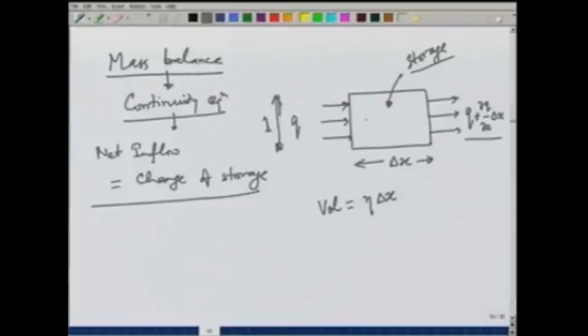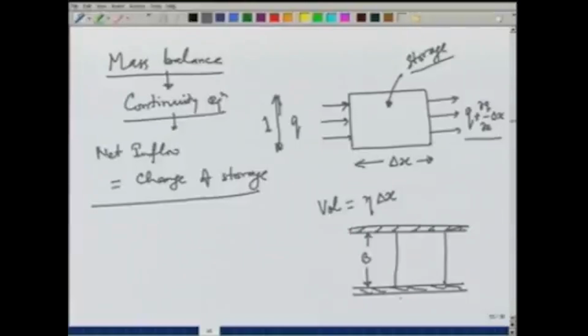So, if we take this confined aquifer in which there is no change in the height, what we are looking at is a constant height b and let us say certain length delta x.